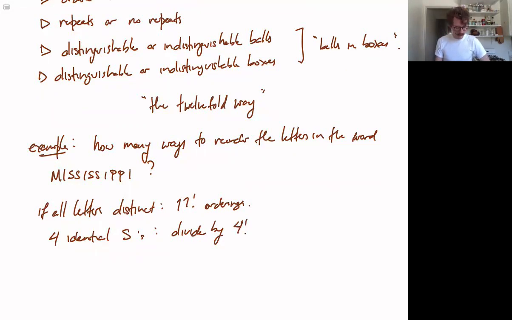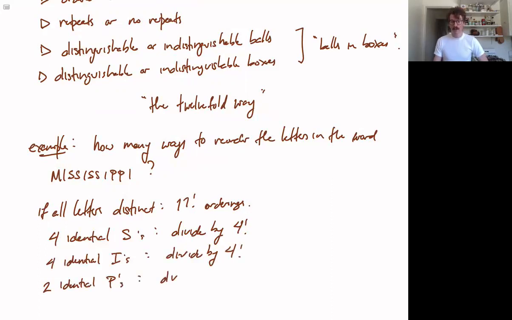And similarly, we have 4 identical I's, that's another divided by 4 factorial, and 2 identical P's, that's another divided by 2 factorial.